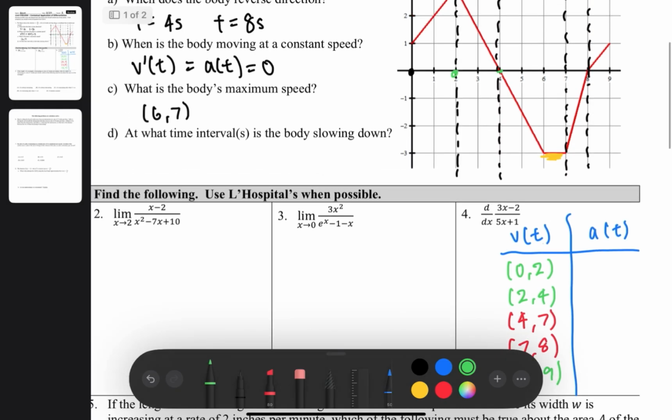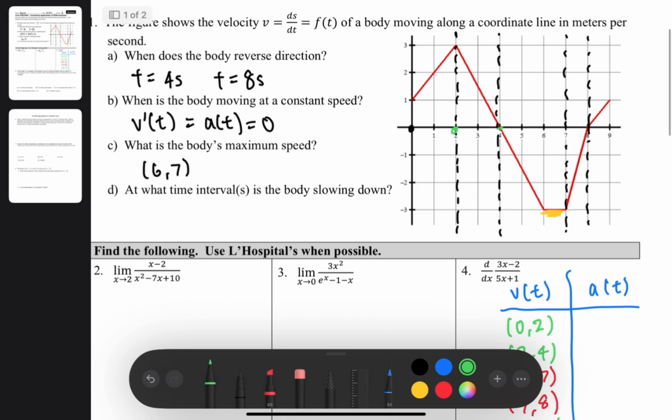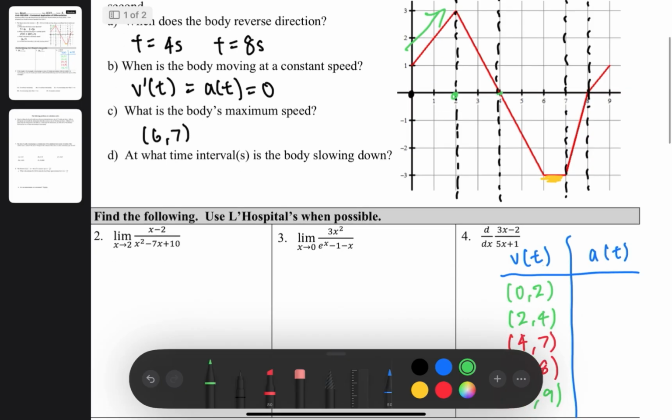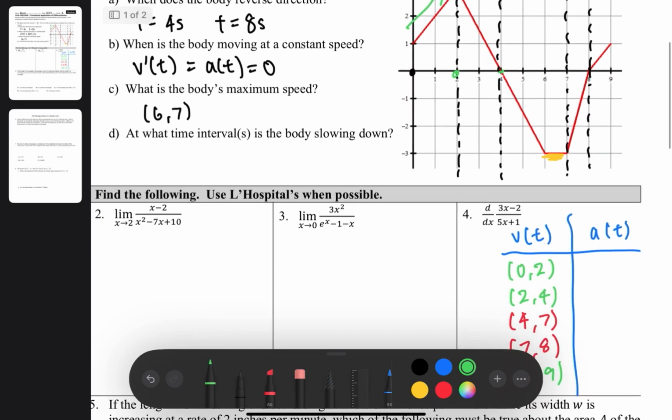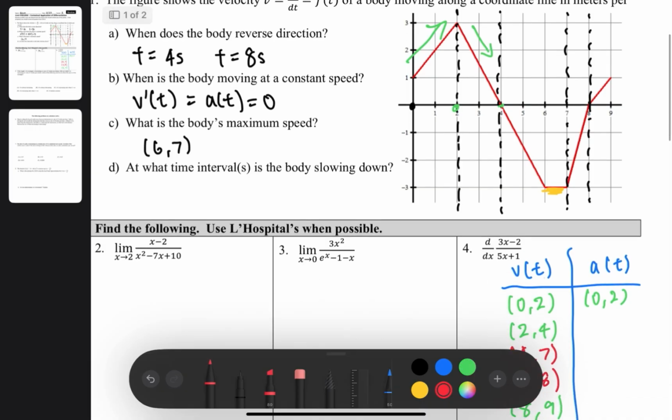All right, now let's do our acceleration. So from 0 to 2 seconds, our acceleration is positive because it has a positive slope. Then it goes to negative from 2 to 4.